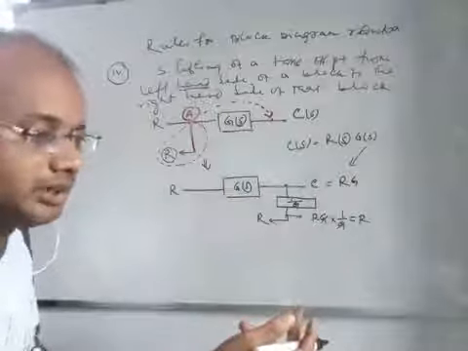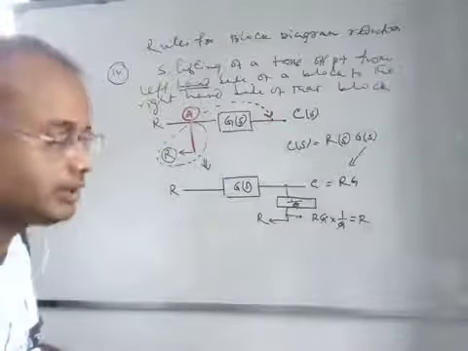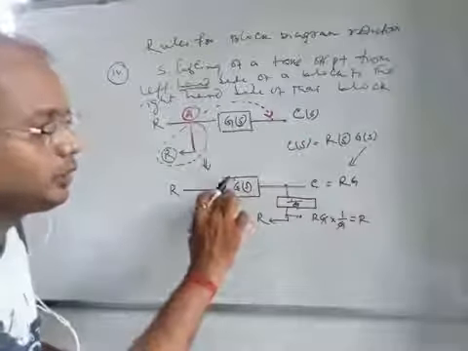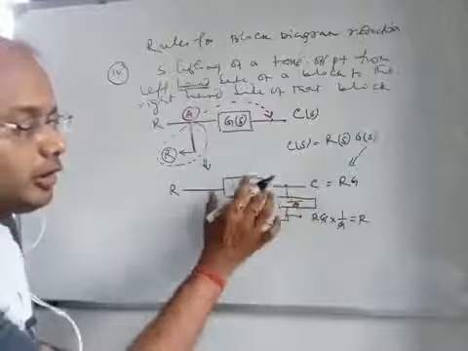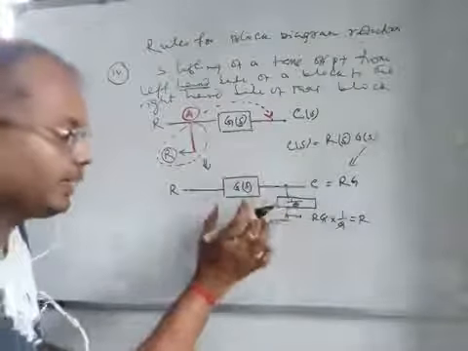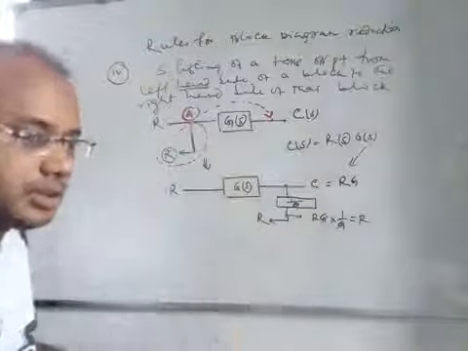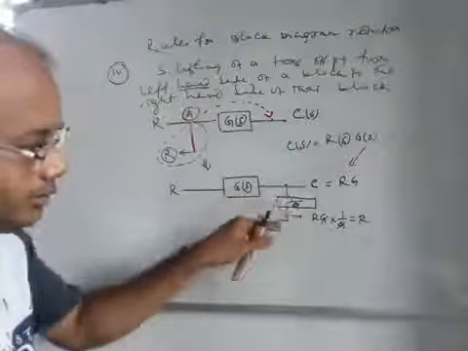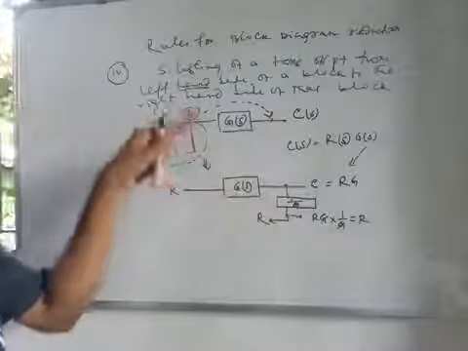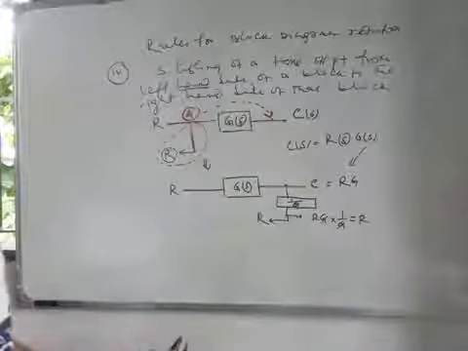So if this value is G2, then 1 by G2. This value G3, 1 by G3, and so on. So you can take any block, you can shift any point from left hand side to right hand side by considering that the gain will be inverted and multiplied in this path. So this is the shifting of a takeoff point from the left hand side of the block to the right hand side of the block.